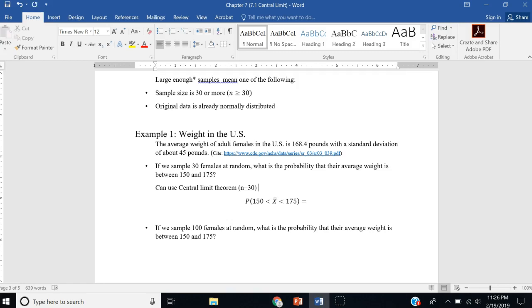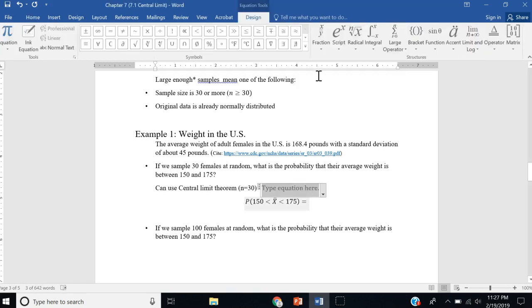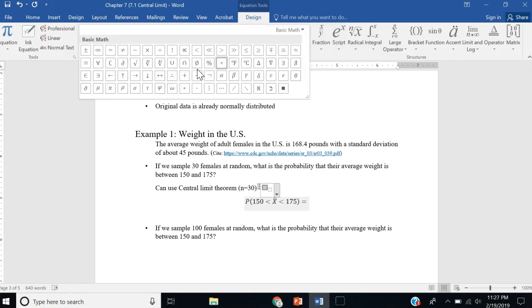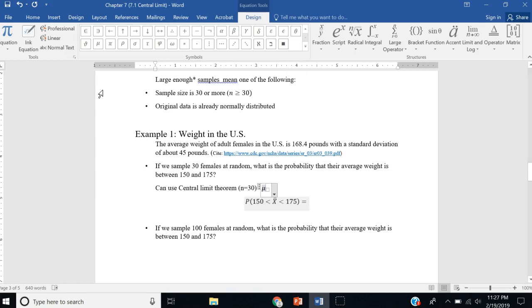Moreover, since we can use the central limit theorem, we know that these samples are going to have an average which is the same as my old average. So what's my original average? My original average is 168.4.